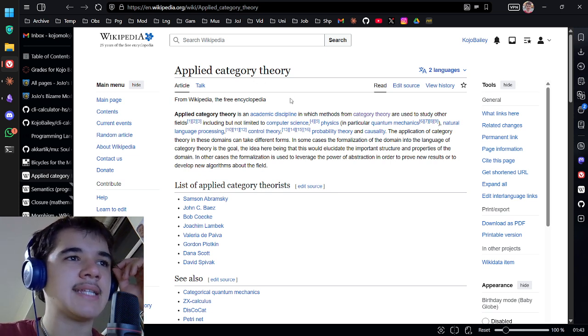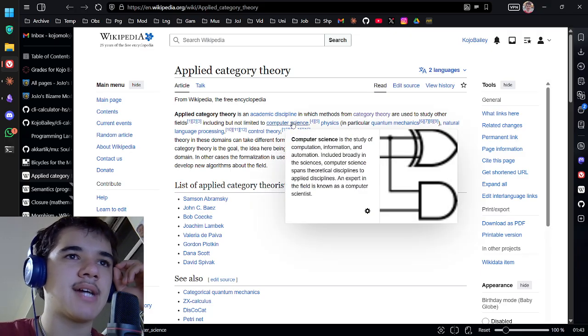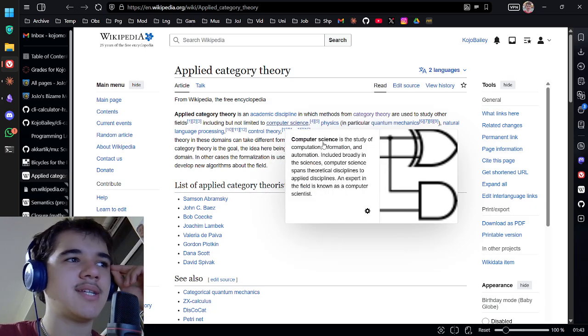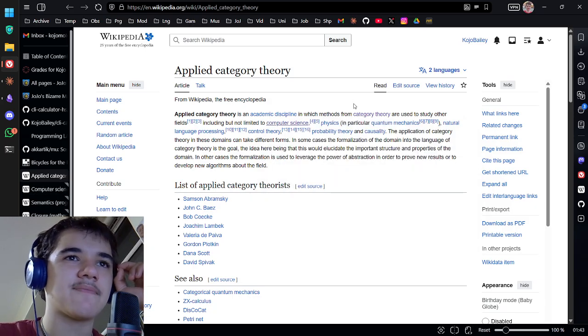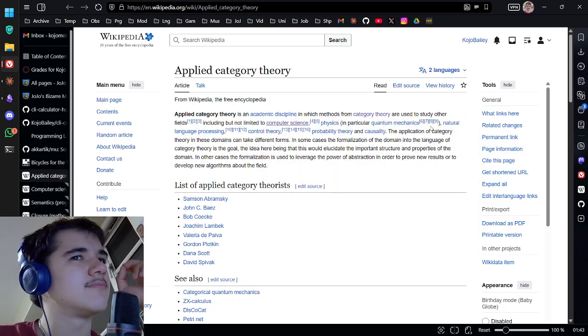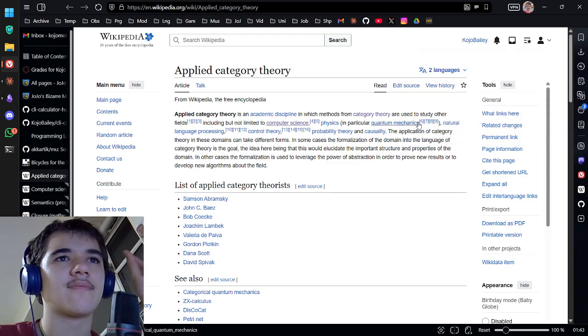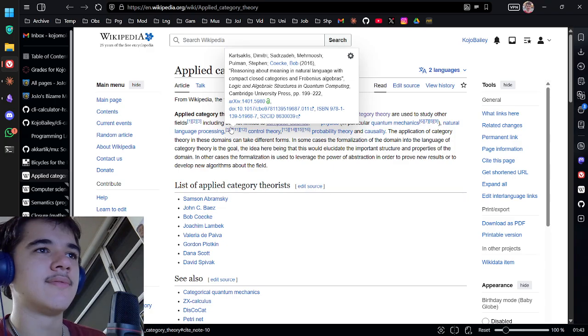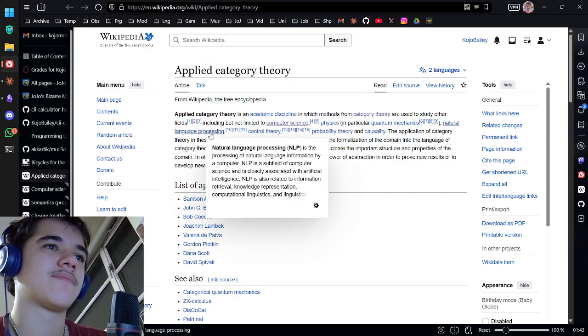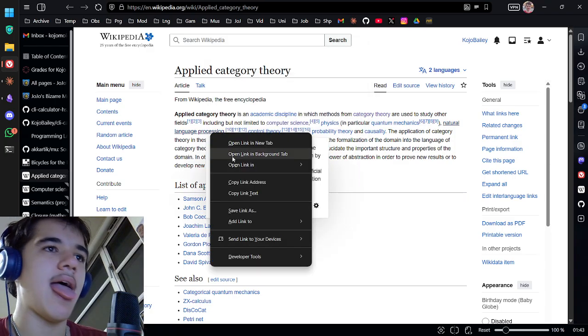Applied category theory is an academic discipline in which methods from category theory are used to study other fields. Yeah, I love how computer science comes up first. In fact, what does the page even say about computer science? Quantum mechanics. Why is that? Natural language processing, which I love, by the way. NLP.